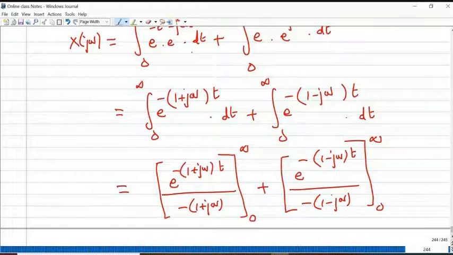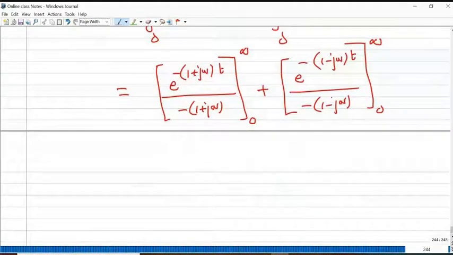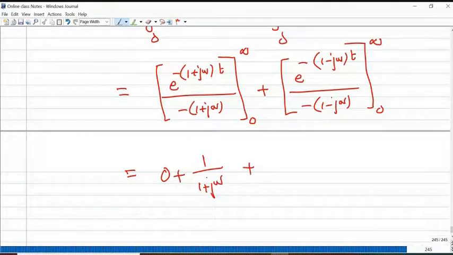Substitute the limit now. T replaced by infinity: e power minus infinity is 0, minus of minus plus e power 0 is 1, so 1 divided by 1 plus j omega. Here e power minus infinity is 0, minus of minus plus e power 0 is 1, so 1 divided by 1 minus j omega.